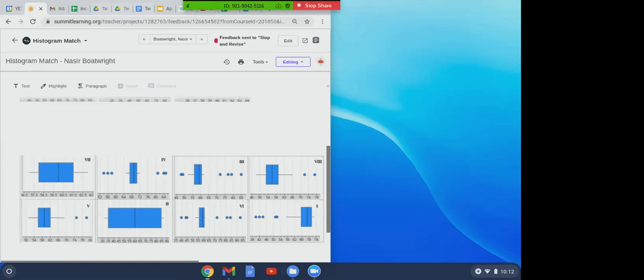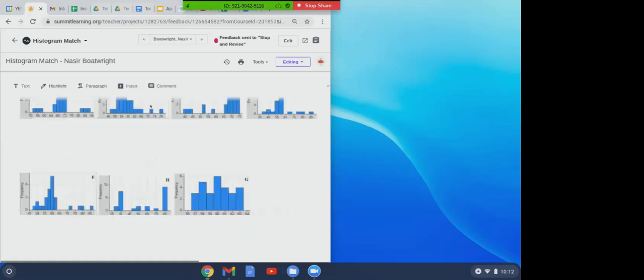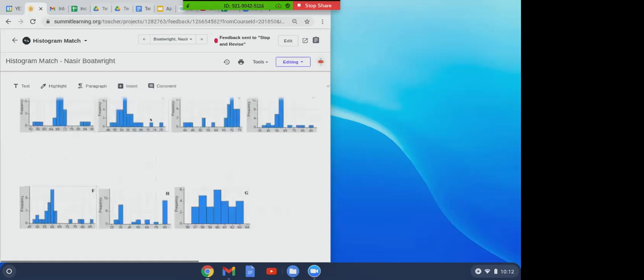So again, critical analysis says that that would be histogram number 4. So I don't know how you want to note it. You can either click under the histogram itself, space over, put the Roman numeral, or you can write the graph and the Roman numeral.